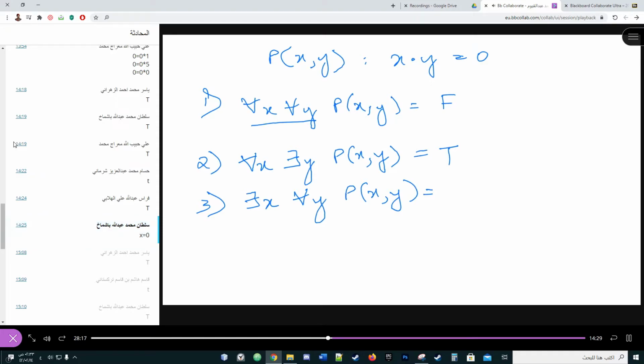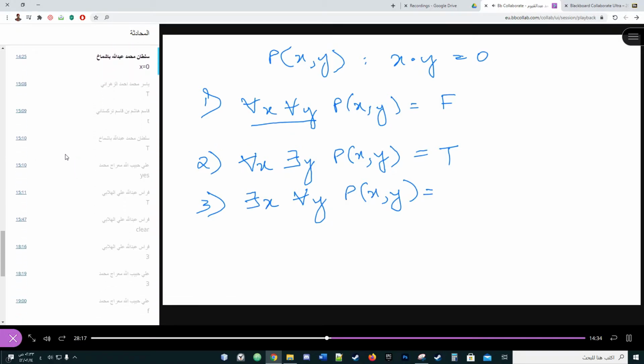For x equal to 0, there is at least one x for which all of y will satisfy this expression. So if x is 0, y can be anything. Y can be 7, y can be 8, y can be minus 11. For all y, if x is 0, it satisfies. So this is also true.